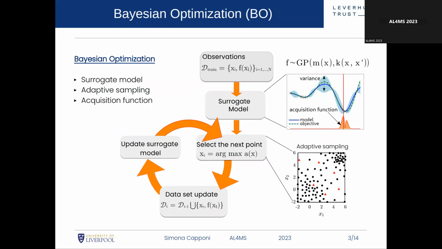First of all, it addresses the fact that we have a black box function by providing a statistical approximation with a surrogate model. Usually we have a Gaussian process as a surrogate model, which has been largely introduced in the tutorial section.